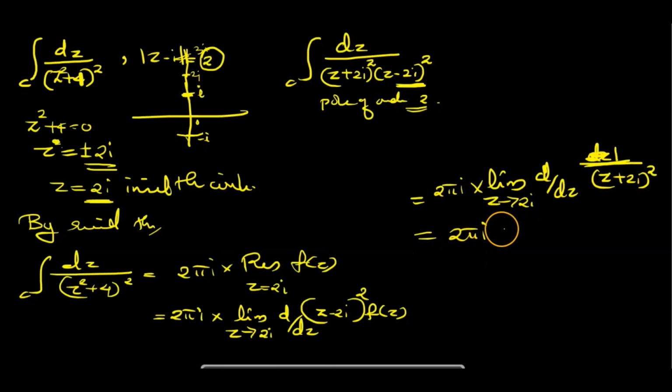So the derivative is 2πi limit z tends to 2i, derivative is −2 divided by (z + 2i)³.